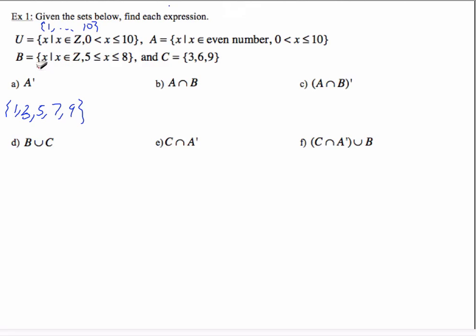Let's write out what B is. B is the integers from 5 to 8, so 5, 6, 7, 8. A is the integers 2, 4, 6, 8, 10. A intersect B are the numbers that are in both, so 6 and 8.